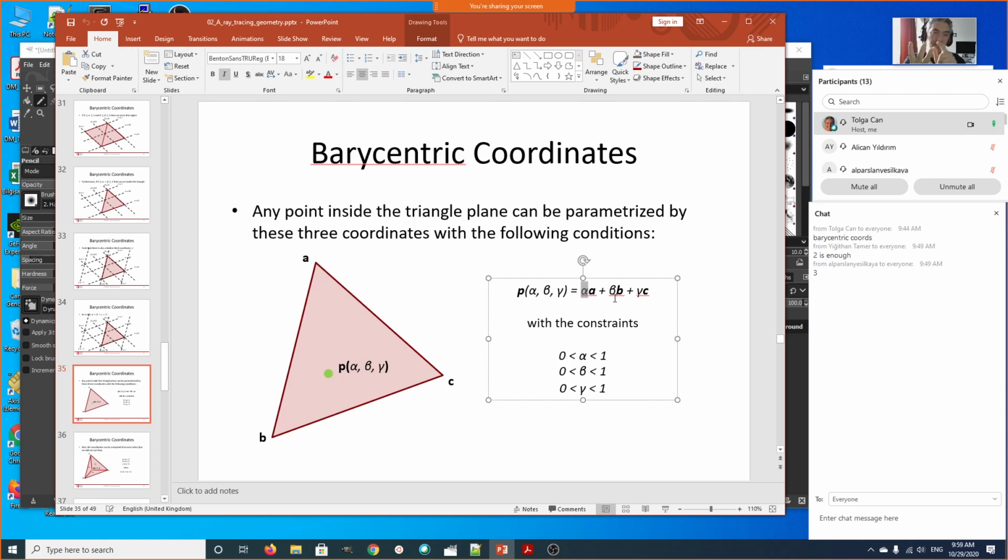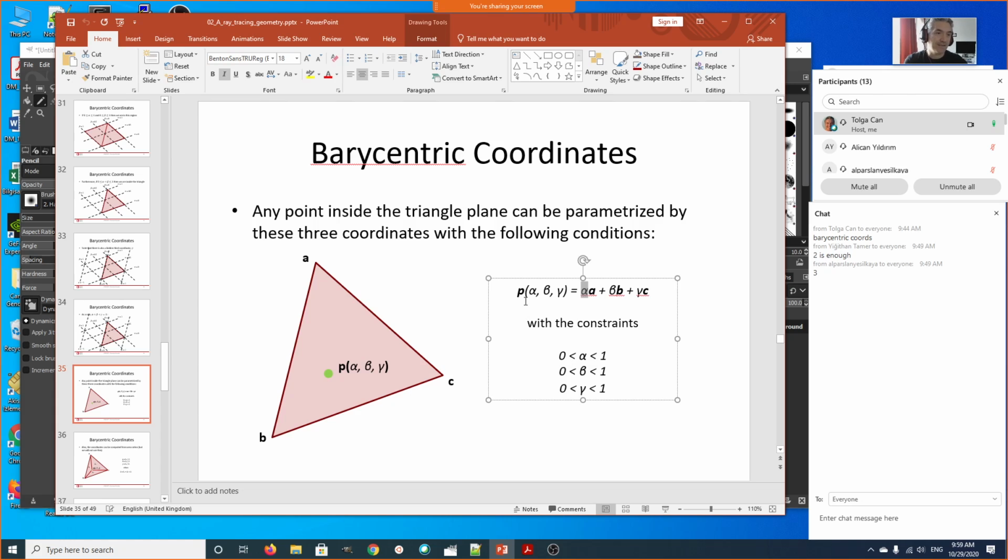Three equations, three unknowns. We will have three equations coming from the fact that A, B, C are vectors, not scalars. A has ax, ay, az components. It's a three-dimensional vector. B is also a three-dimensional vector. C is a three-dimensional vector.